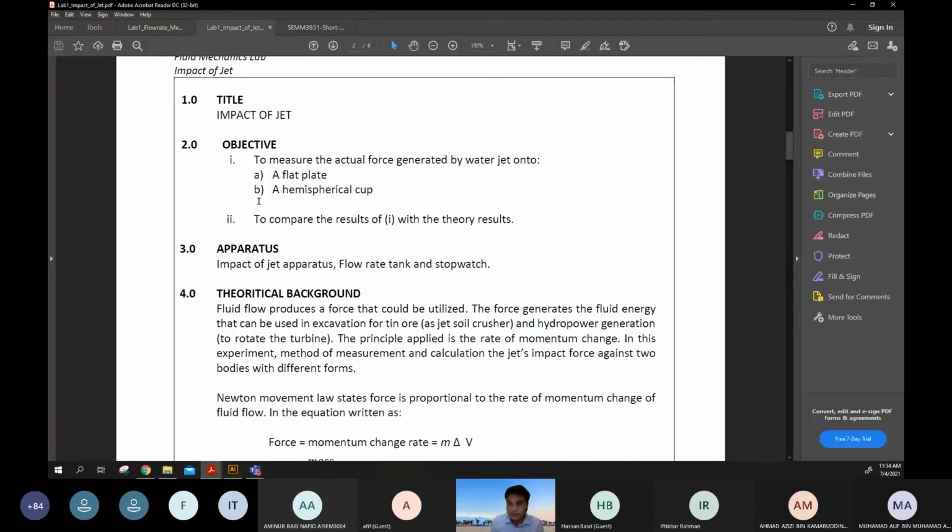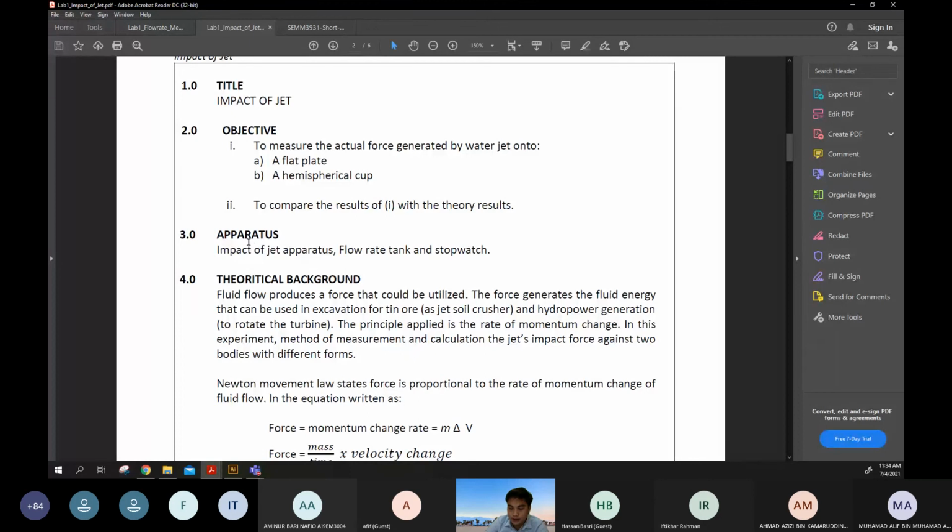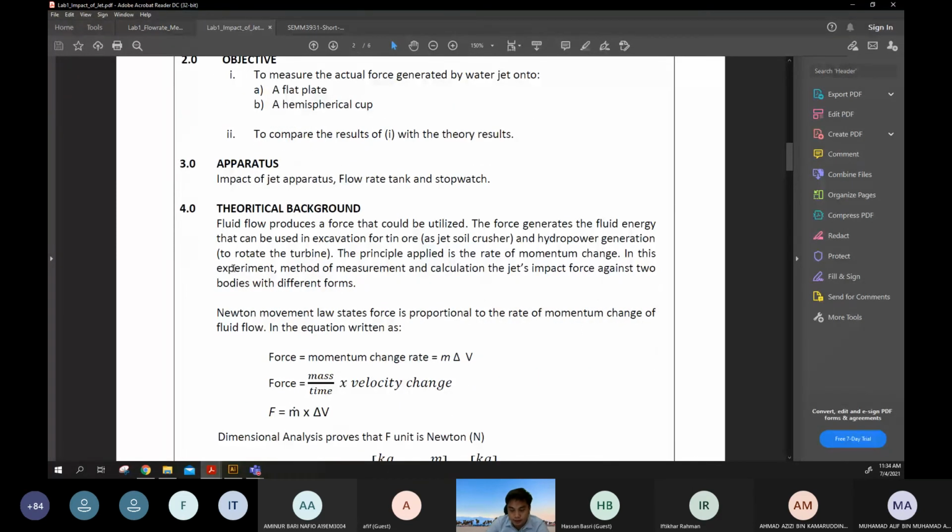So we're going to measure the force. The second objective is to compare the result with the theoretical result. Definitely we're going to compare the actual with the theoretical one. The apparatus that we're going to use are the impact of jet apparatus, the flow rate tank, and the stopwatch. Very simple.